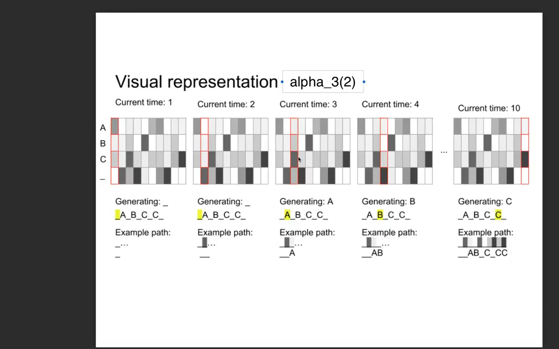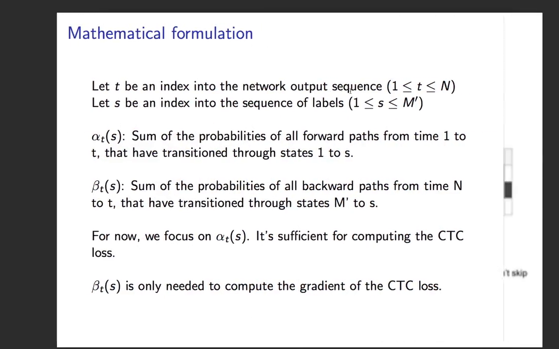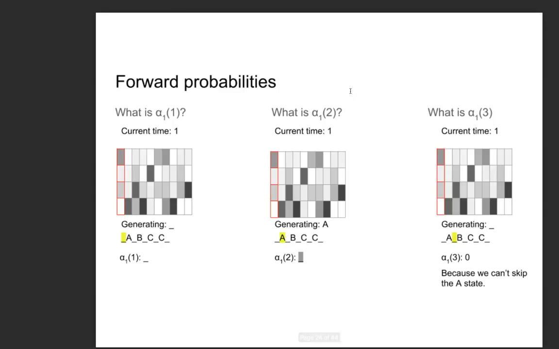We could have gone through underscore and then been in A twice, or we could have underscore AA, and so on, as long as we ended in the state where we're generating the A's and we're on time step number 3. Good catch, I actually forgot about that. Does that make sense for at least what alpha sub 3 of 2 is? We're going to be going through a lot of examples of specific values of alpha. Does anyone have questions up to this point? We're going to some examples now.